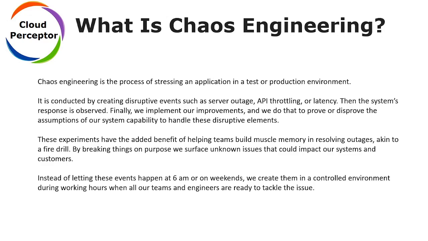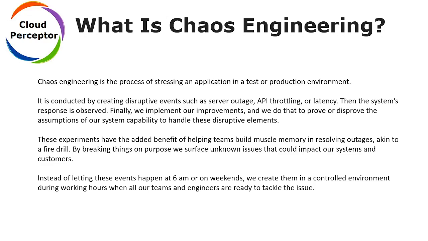Finally, we implement our improvements, and we do that to prove or disprove these assumptions of our system capability to handle these disruptive elements. These experiments have the added benefit of helping teams build muscle memory in resolving outages, akin to a fire drill.